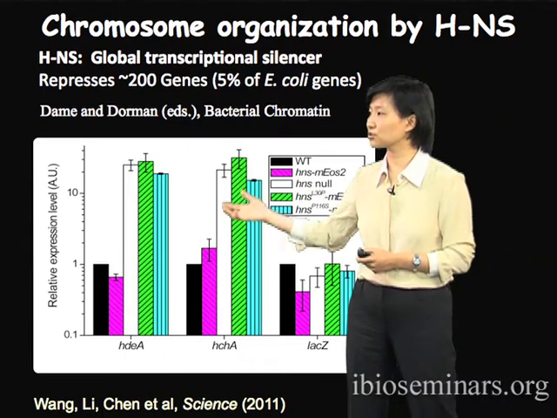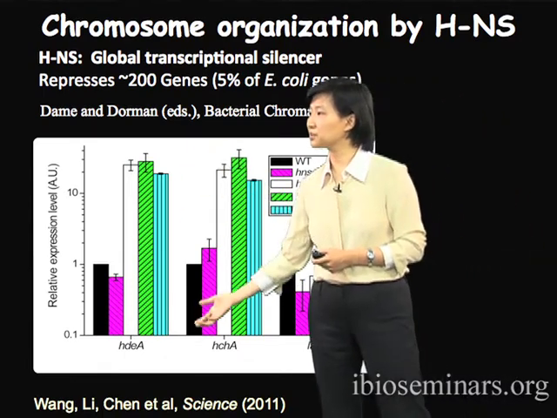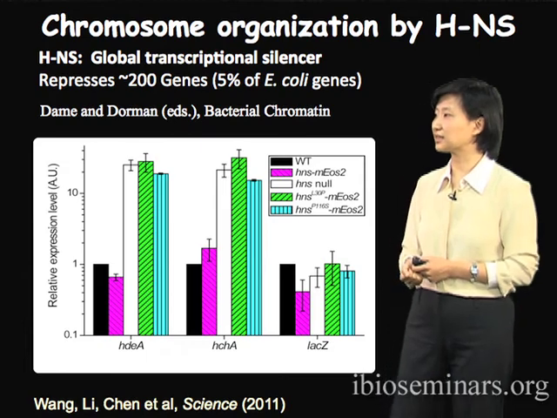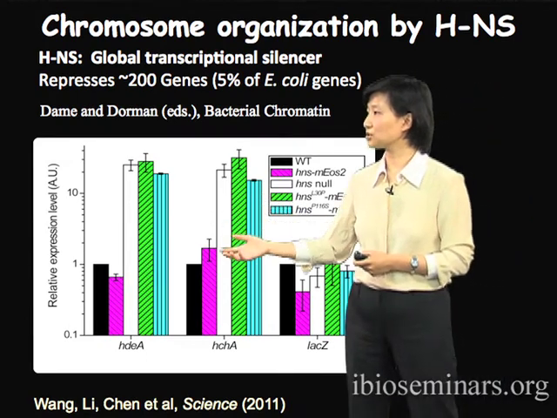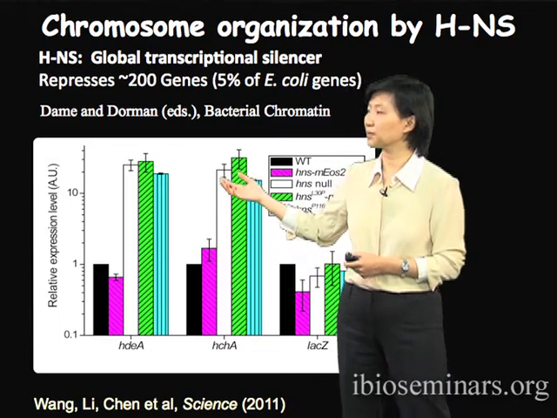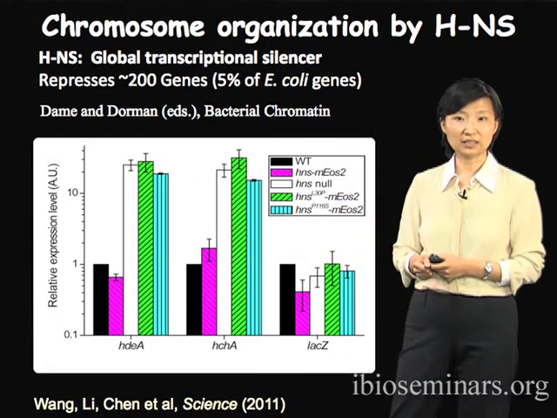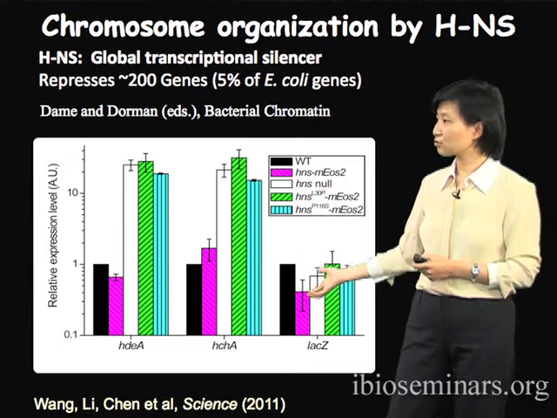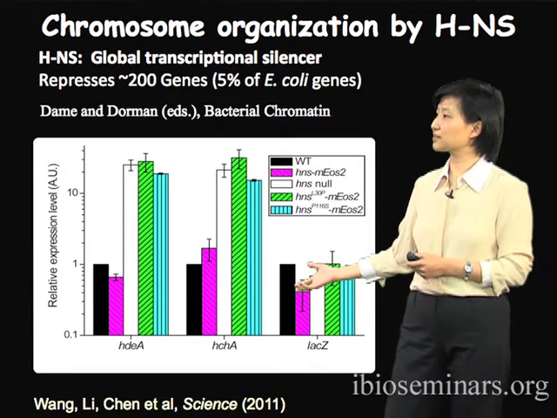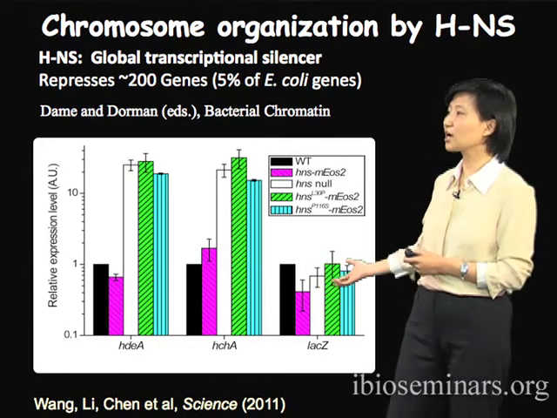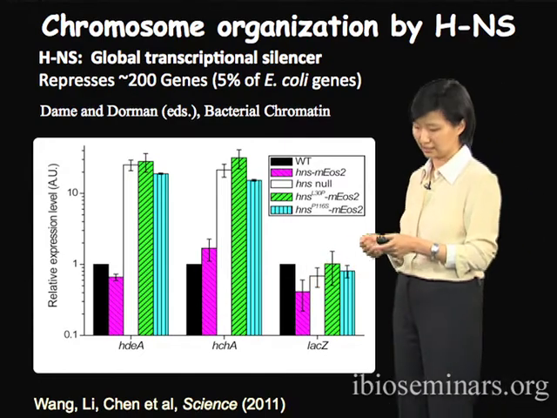As we also show here with RT-PCR, their expression level is indeed substantially reduced in wild-type cells as compared to HNS-deleted cells. As a control, we looked at the LacZ gene locus, whose expression is not repressed by HNS.